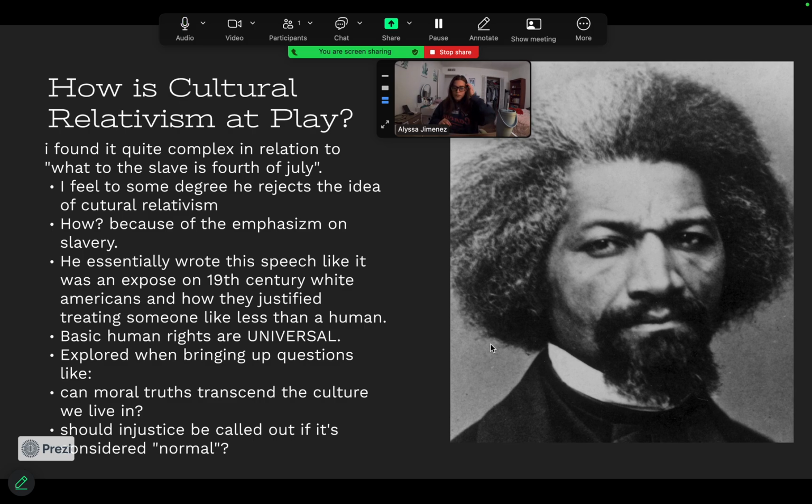And then he also, to some degree, rejects cultural relativism because of his emphasis on slavery when it's supposed to be a speech celebrating the 4th of July. At least that was the context given when I read it.